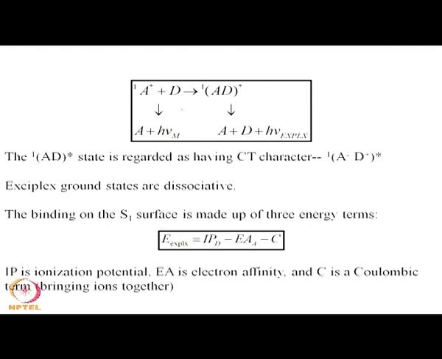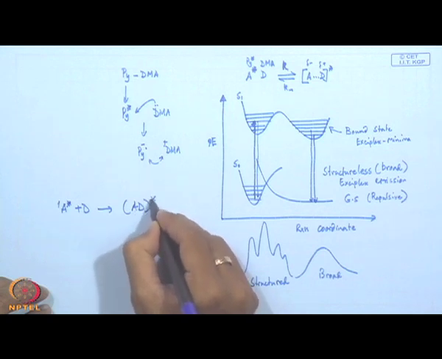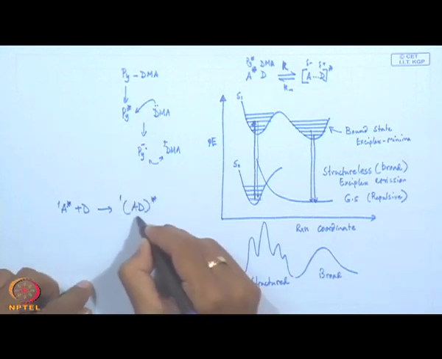Say you have this 1A star plus D. Scheme-wise you can write it over here: 1A star plus D giving rise to AD star in the singlet state.